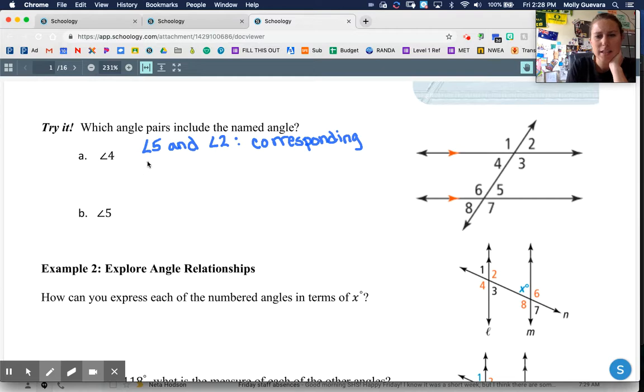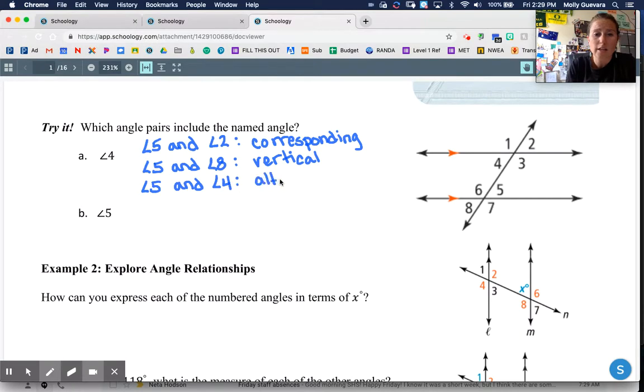I see that angle 5 and angle 8 are vertical, so they are equal. Right? They're across from each other. I see that angle 5 and angle 4 are alternate interior.